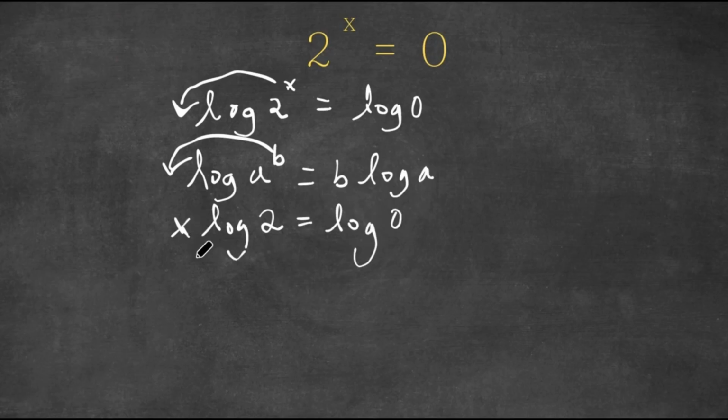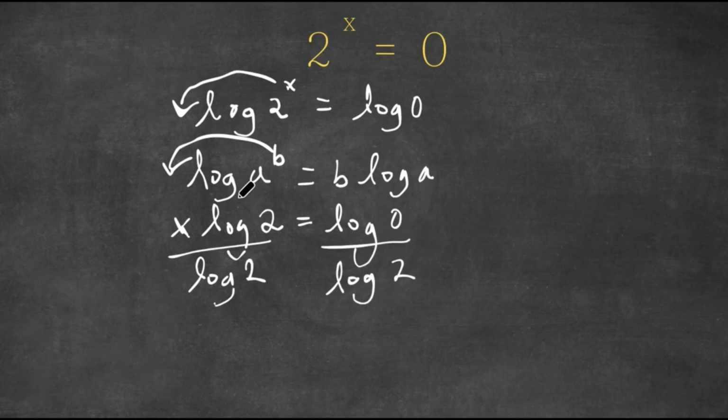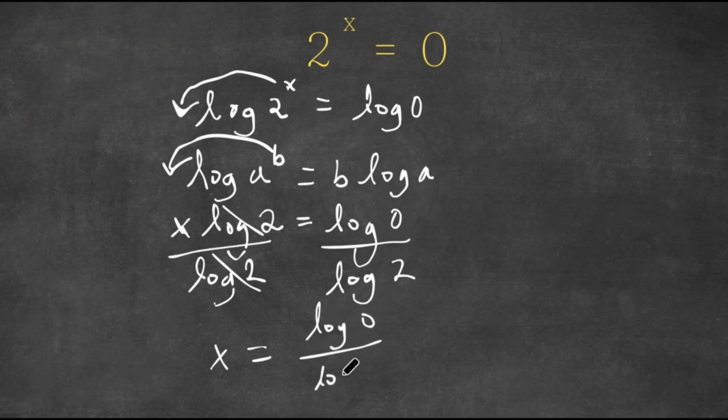Now we want to isolate x, obviously, so I'm going to divide both sides by log 2. So then these two cancel out, and I would have x is equal to log 0 over log 2. However, log 2 is equal to 0.301.